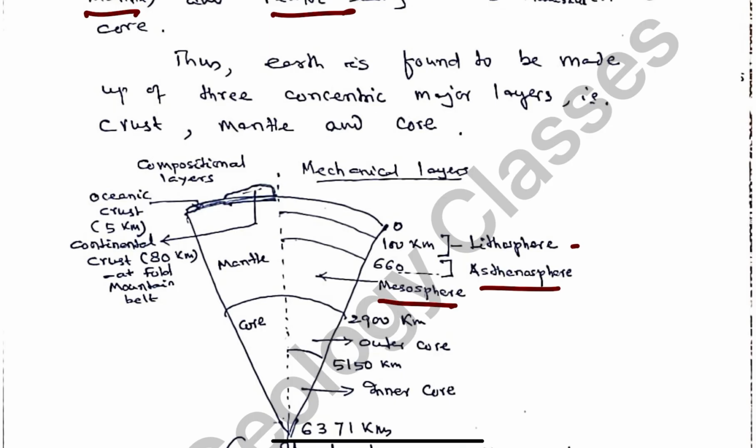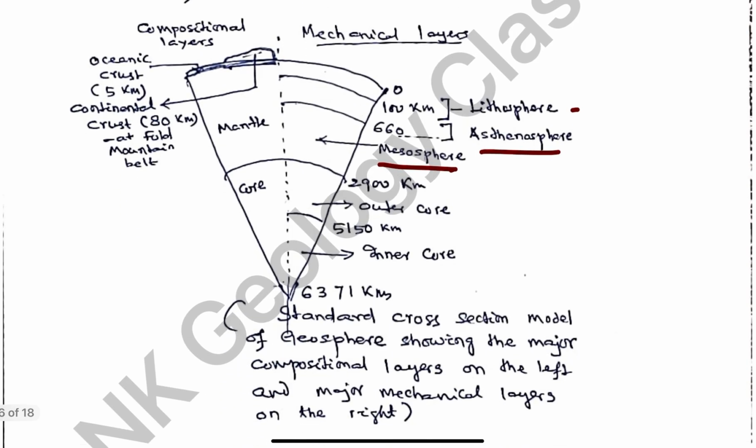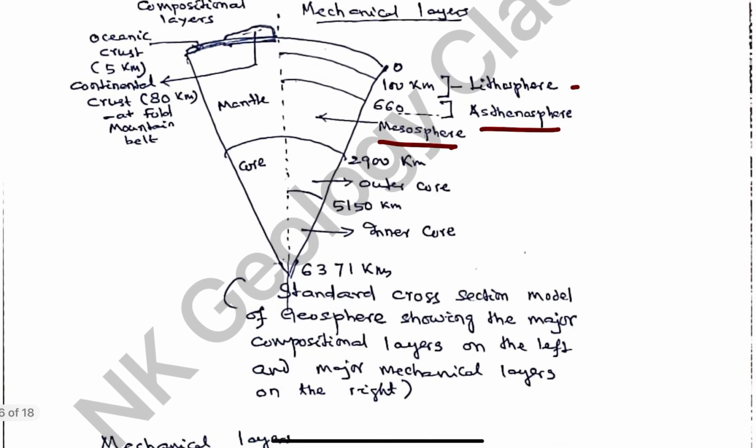So we can say that lithosphere, asthenosphere, mesosphere and core represent the mechanical layers. And if you take into account the composition, the Earth is present in crust, mantle and core. Crust is divided into two parts, continental crust and oceanic crust, and mantle is divided into upper mantle and lower mantle.